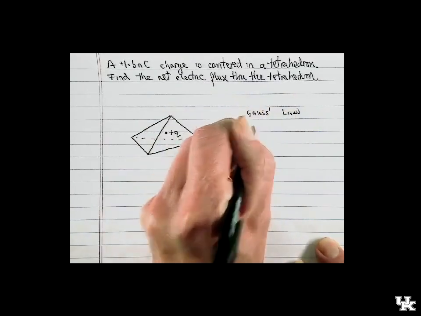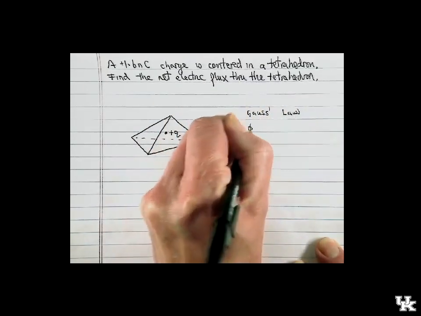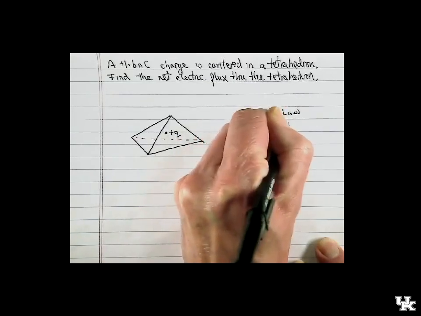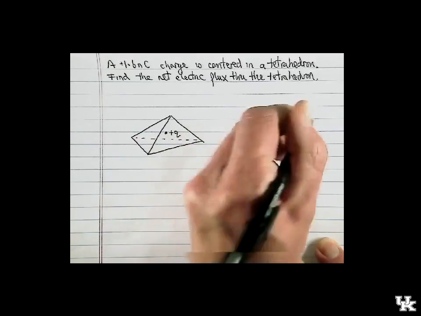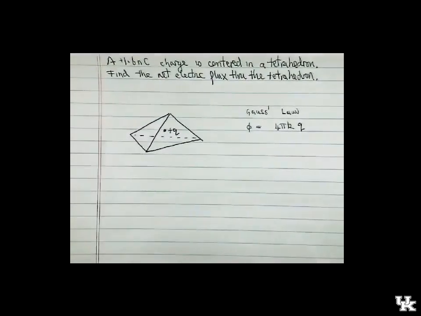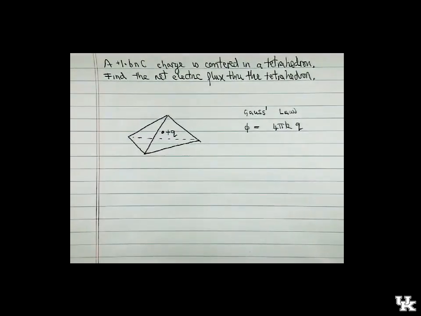And if you remember, Gauss's law is this equation that the electric flux is 4 pi times the Coulomb constant, K, times the charge inside the distribution, inside the closed surface. So importantly here, this tetrahedron is another closed surface.